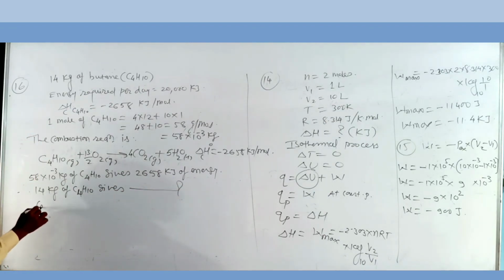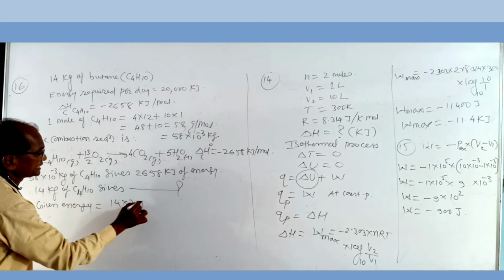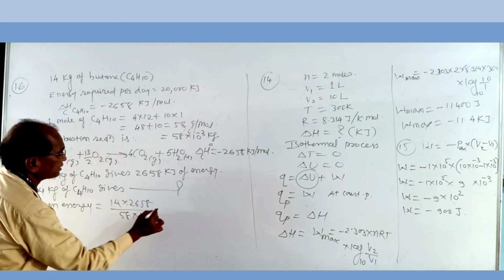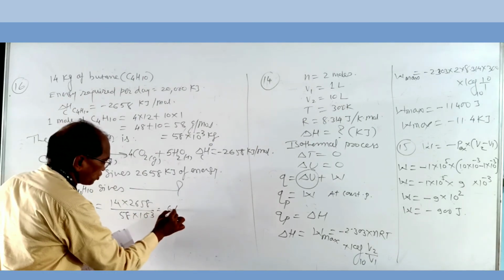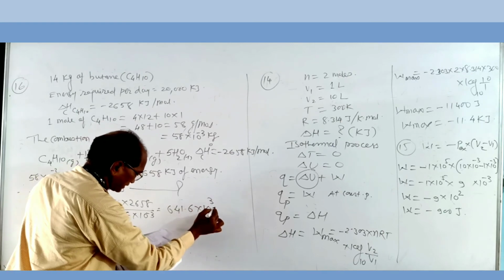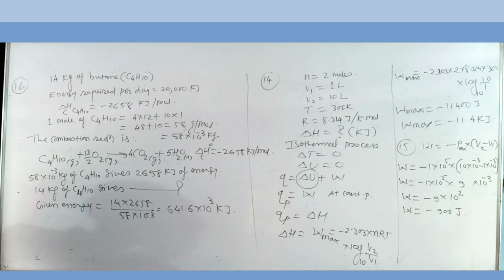That is, energy given by butane is equal to 14 into 2658 divided by 58 into 10 to the power minus 3. This gives 641.6 into 10 to the power 3 kilojoule. This much energy is given.